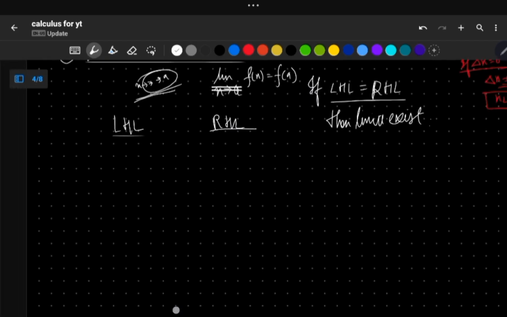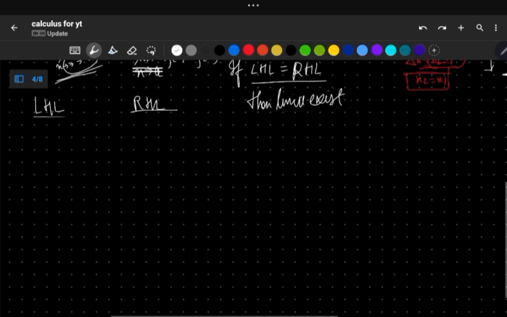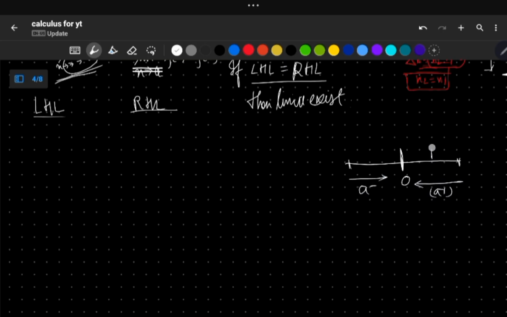Suppose this is the point 0. If it is approaching from the left side, it is termed negative, and if it is approaching from the right side, it is termed positive. This is the right hand limit and this is the left hand limit, right?